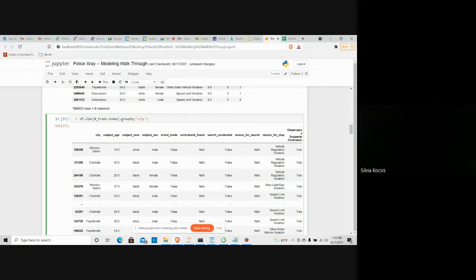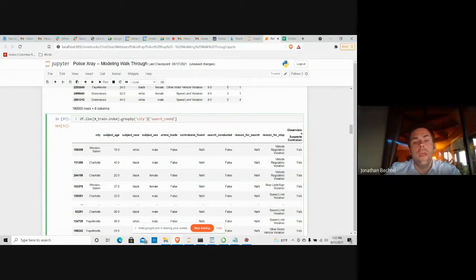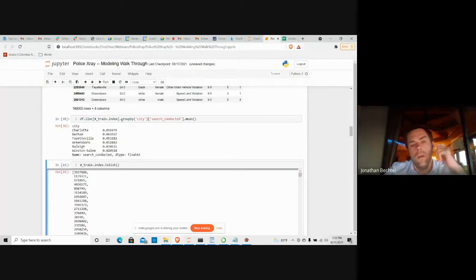In SQL, but I think it's the same. Yeah, it's the same as in SQL. Okay, so if you look at our training data, Sylvia, group by each of the city, and then look at the average value, basically the average search rate for each of the individual cities, you'll get these numbers here.